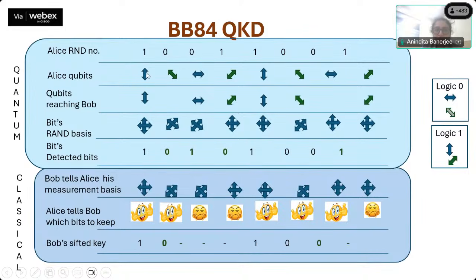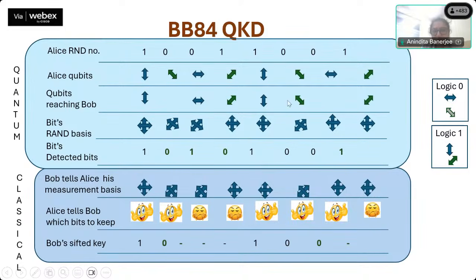Logic 1 can be vertical or it can be 45 degrees. Logic 0 can be horizontal or it can be 135 degrees. Okay, so Alice then chooses the basis randomly. So logic 0, 2 bases, logic 1, 2 bases. She chooses them randomly. So this is how the photons come out to be.